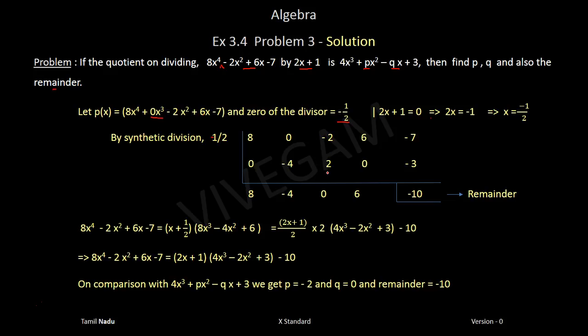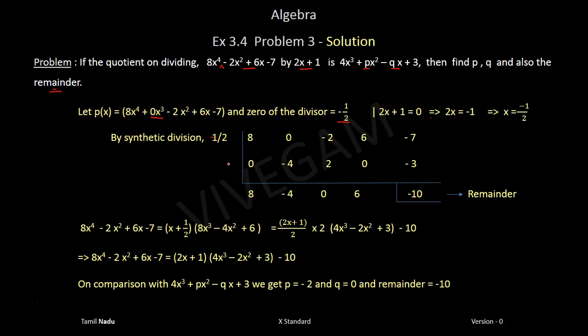So minus 2 plus 2 is 0. 0 into minus half is 0. 6 plus 0 is 6. 6 into minus half is minus 3. So minus 7 plus minus 3, that is minus 7 minus 3, is minus 10. This is the remainder, which answers that part of the question.